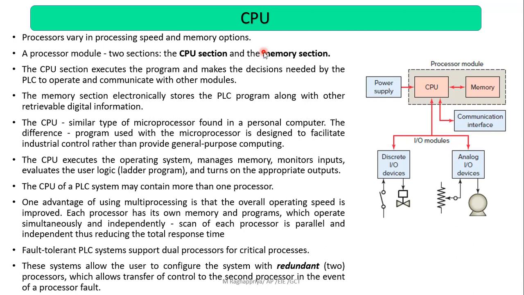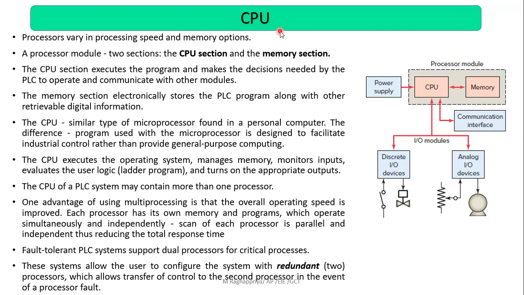Before processing, that information has to be stored somewhere, only then can it process. So the CPU takes information from the input module, stores it in the memory, then processes that signal. The processed signal is then given to the output module.